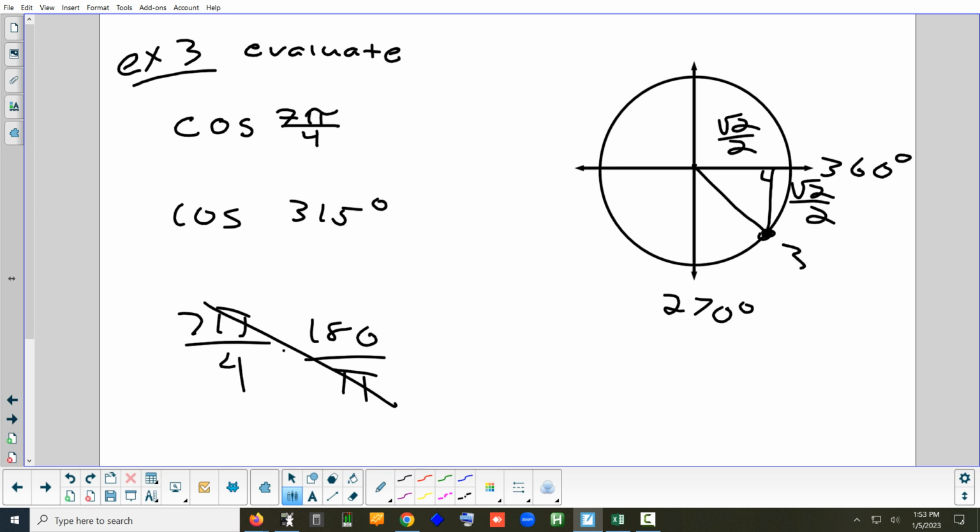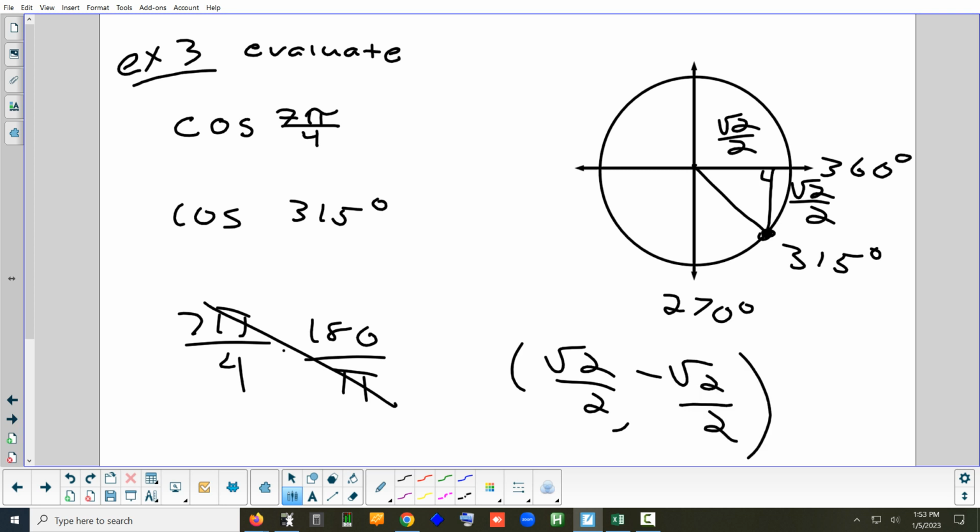Okay, so what is my coordinate for 315? Root 2 over 2, negative root 2 over 2. And they want the cosine. So cosine, Naija, what's the formula for cosine?